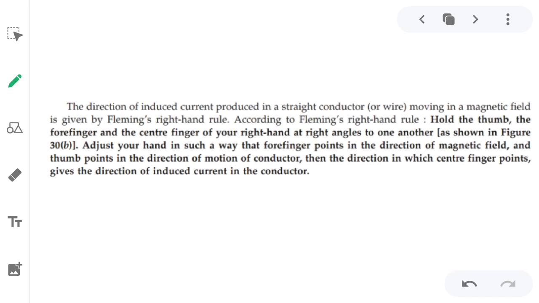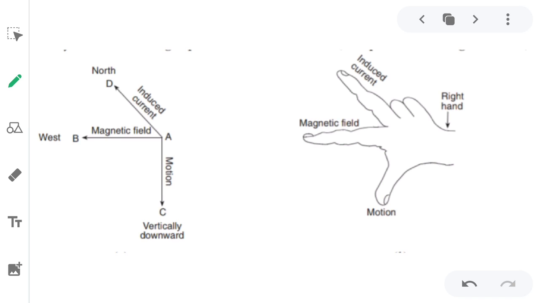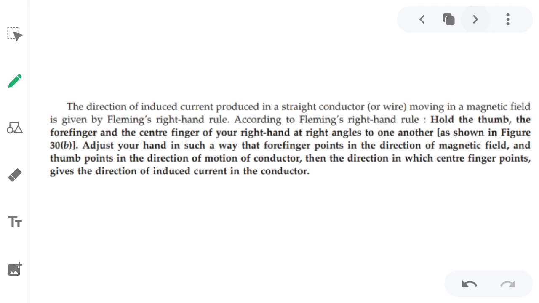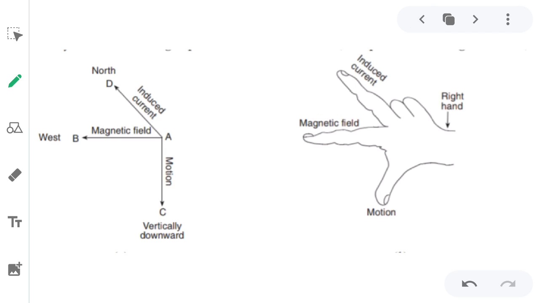And how should you adjust your hand? Adjust your hand in such a way that the forefinger points in the direction of the magnetic field, and the thumb points in the direction of the motion. Then in that case your middle finger will show the direction of the induced current.